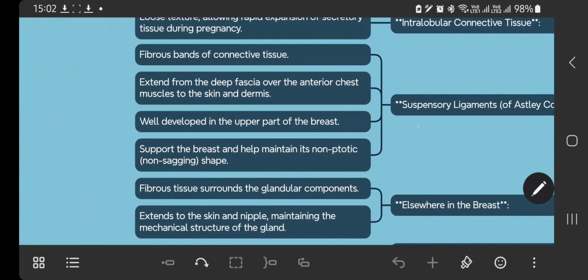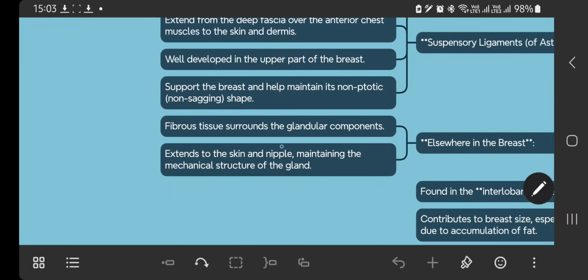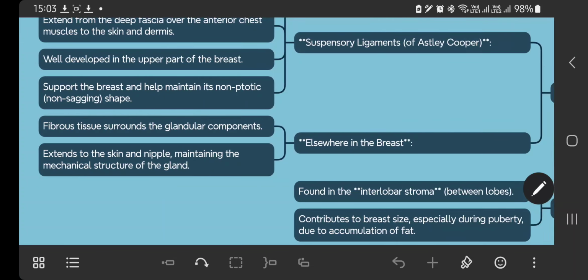Next part. In the other parts of the breast, fibrous tissue surrounds the glandular components. And what does it do? It extends to the skin and the nipple, maintaining the mechanical structure of the gland.